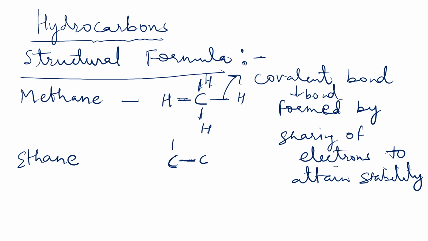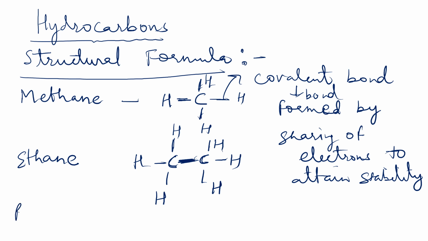This carbon needs to form three more bonds with hydrogen to complete its octet. Similarly, this carbon is already bonded with this carbon atom, so it needs to form three more bonds with hydrogen to complete its octet. This representation of showing bonds between carbon and hydrogen, and between carbon and carbon, is known as the structural formula.